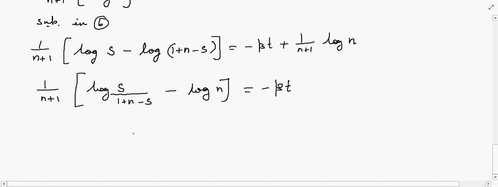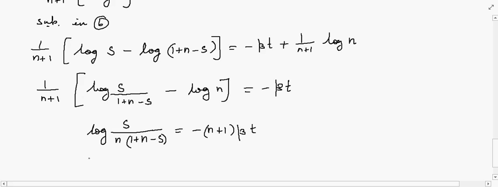We can take n plus 1 to the other side and using the logarithmic properties, log of s by n into 1 plus n minus s equal to minus n plus 1 into beta t.